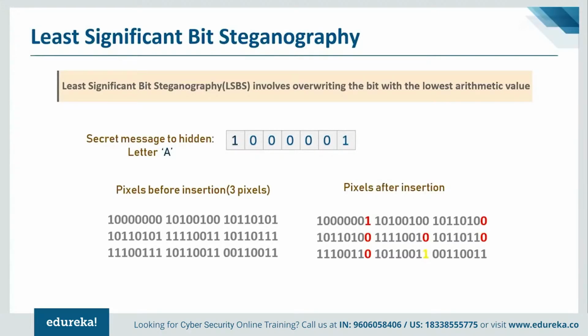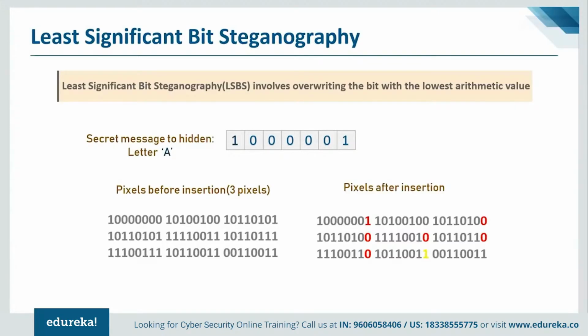Changing the most significant bit makes more change to our final value, but that does not happen when we change the least significant bit. So least significant bit steganography makes use of the fact that changing the LSB doesn't make much change to our actual image. It replaces the LSBs in the cover object with the binary bits of the secret message.